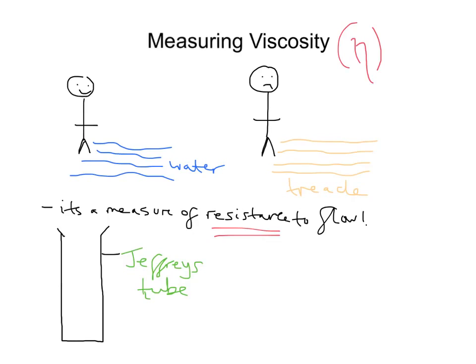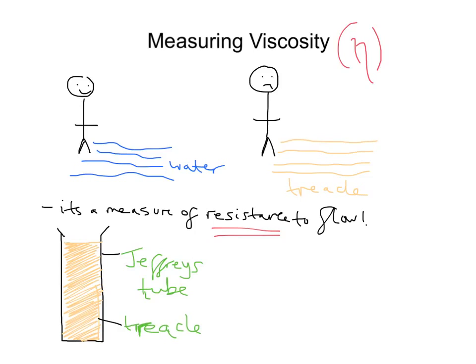And into our Jeffreys tube we have a fluid, and we'll say it's treacle again. We'll just use that as an example of a viscous liquid. So fill that up there, and we'll label that one. So we've got some treacle, but this could be any viscous liquid that we're testing here.